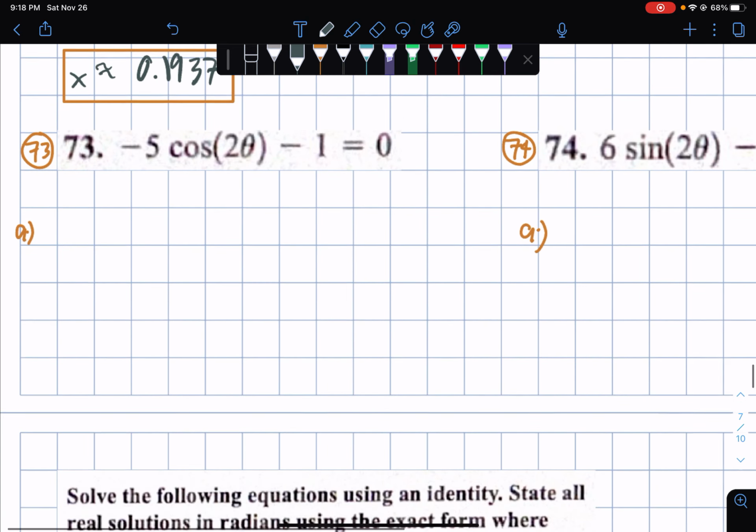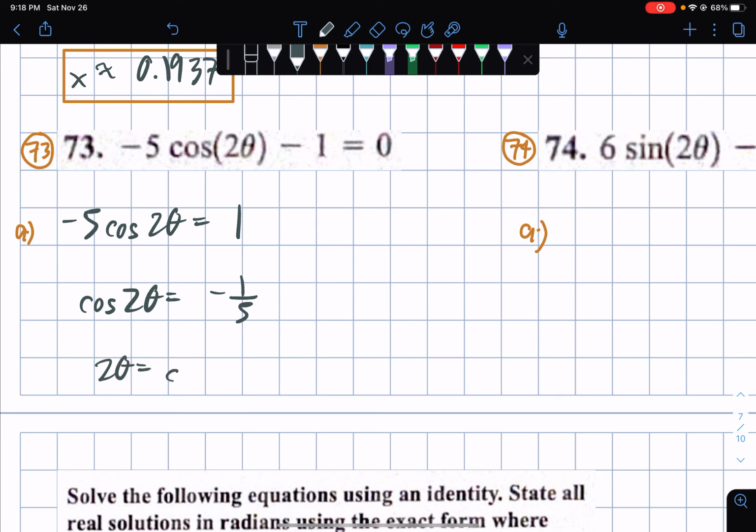Number 73. Negative 5 cosine 2 theta minus 1 is equal to 0. Transpose 1 to the other side. I won't be speaking too much right now.